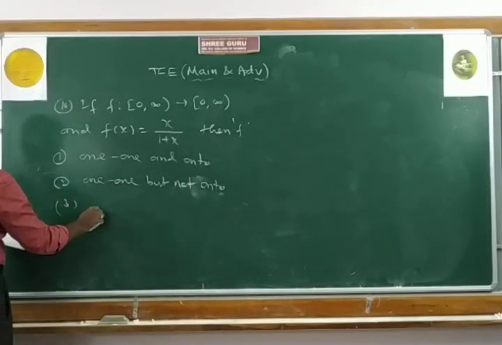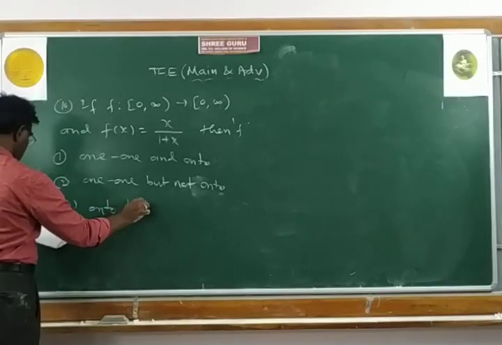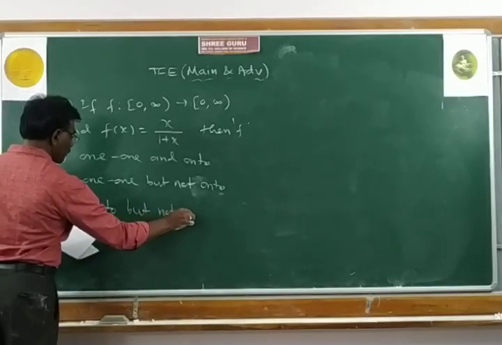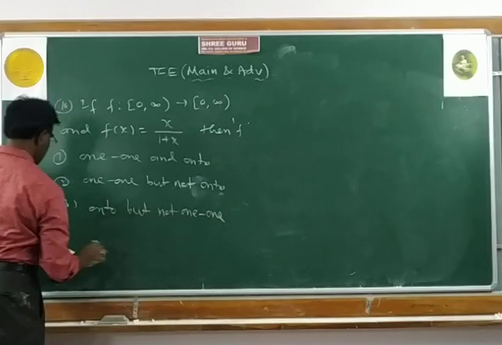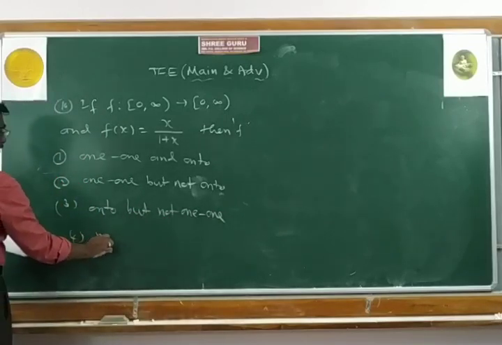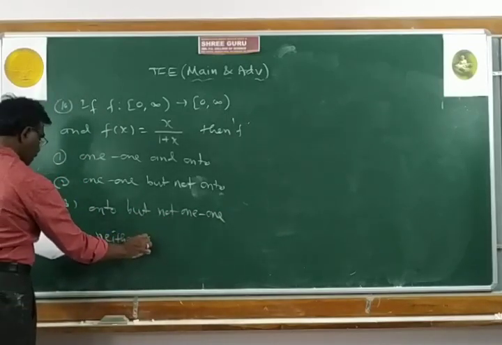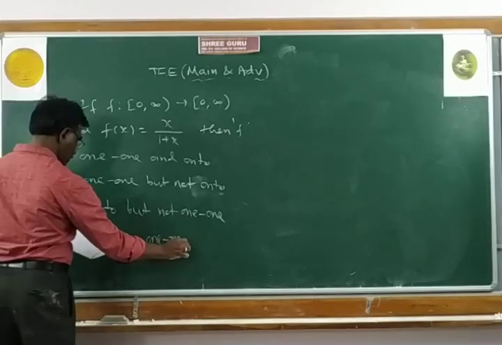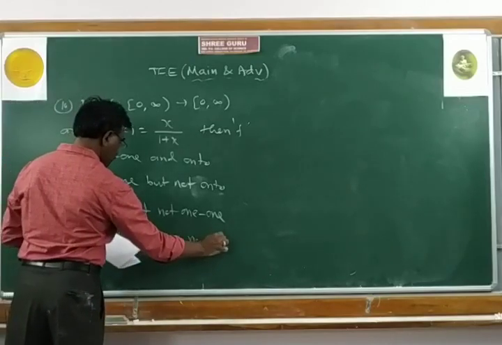Number 3: onto but not one-one. Fourth: neither one-one nor onto.